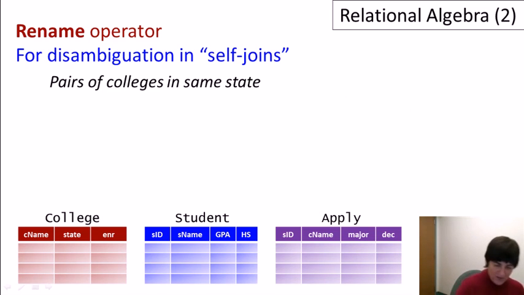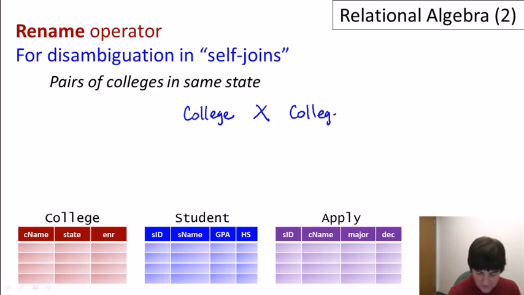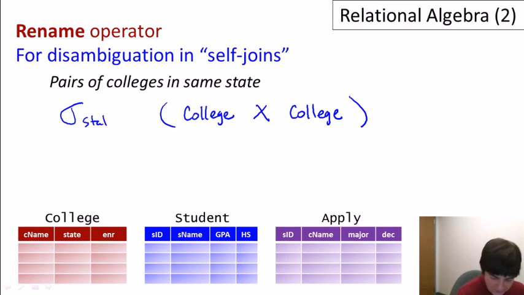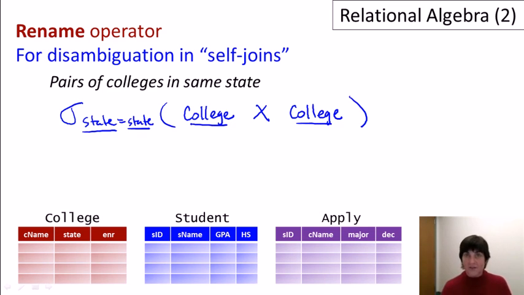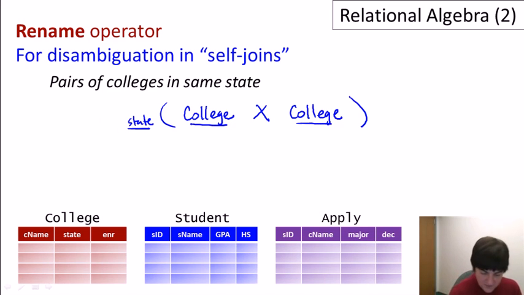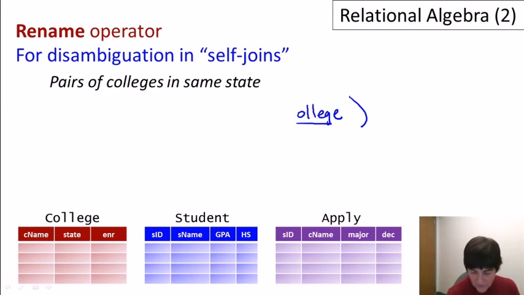So let's work on that a little bit. Let's just start with the cross product of college. And then we want to somehow say, well, the state equals the state. But that's not going to work. Which state are these? And how do we describe the two instances of college? So let me just erase this. We're going to rename those two instances of college so they have different names.